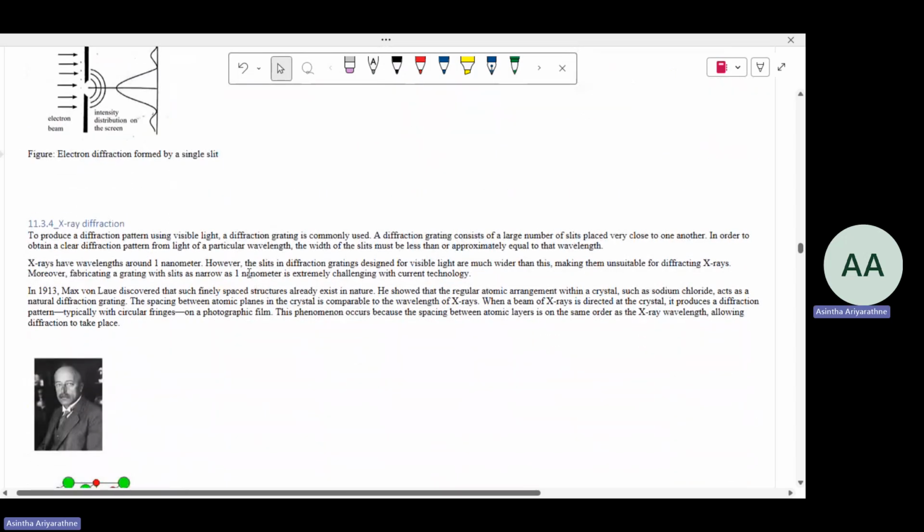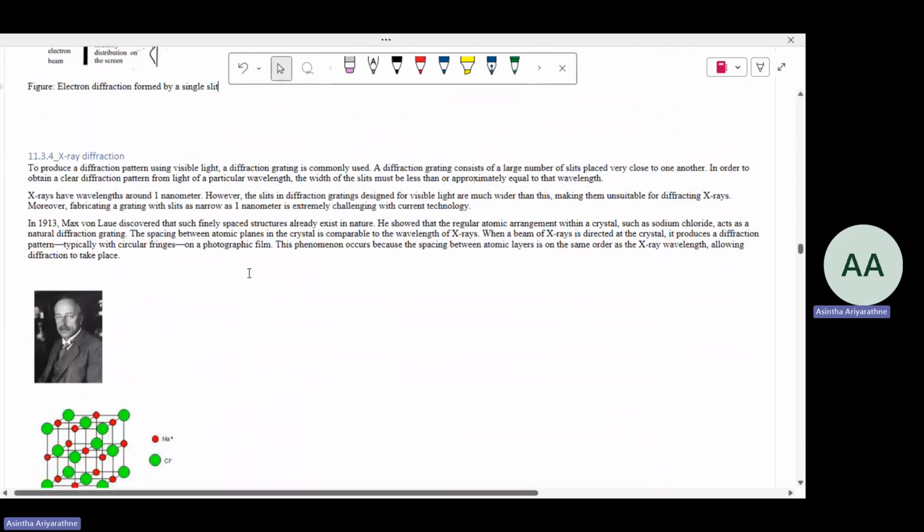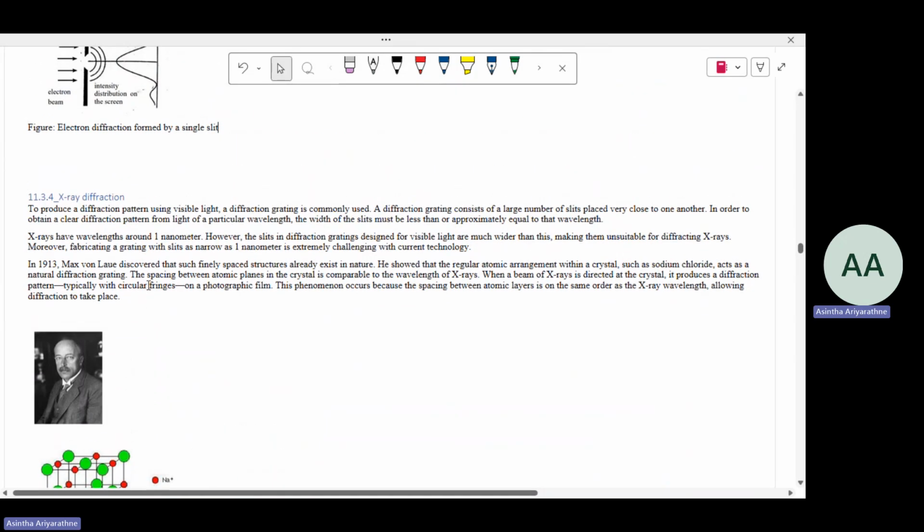Right, so the X-ray diffraction. Earlier there was a big issue in observing diffraction of X-rays, because X-rays have a very small wavelength, in nanometers.